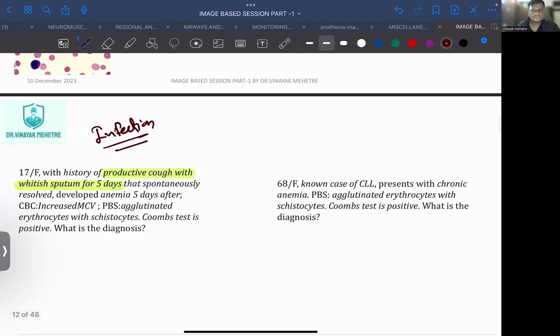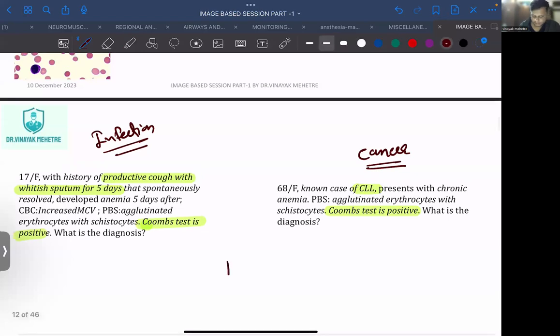In this, cancer. CLL is blood cancer, right? क्या लिखा है और? The main hint is over here. Coombs test positivity. Okay, Coombs test positivity. Answer over here is autoimmune hemolytic anemia.